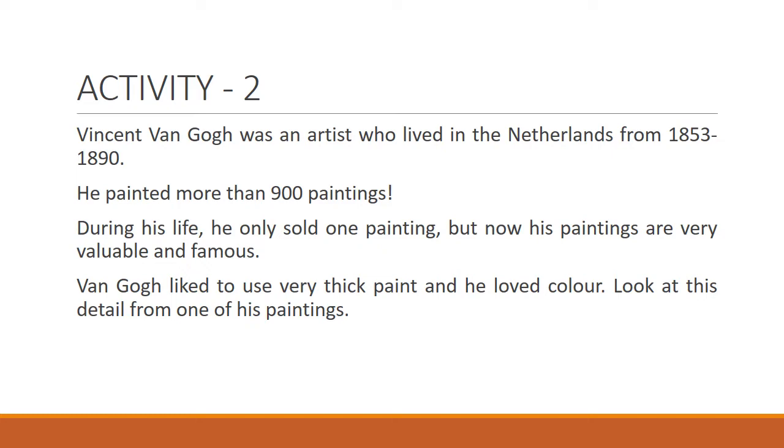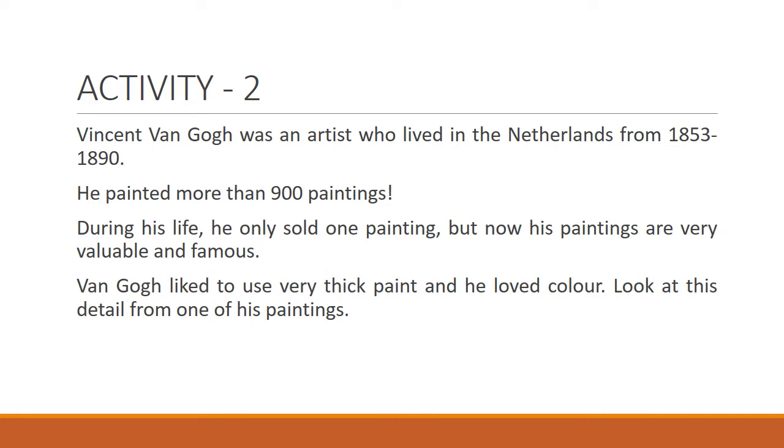So he painted more than 900 paintings. During his life, he only sold one painting, but now his paintings are very valuable and famous. There are various plays on his life, and there you can see he lived a very poor life, but still he used to paint.